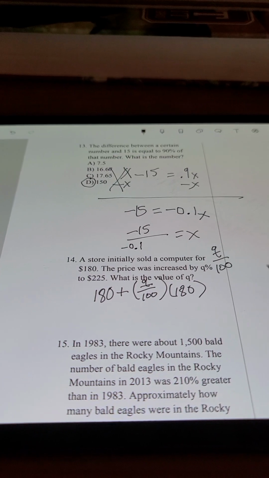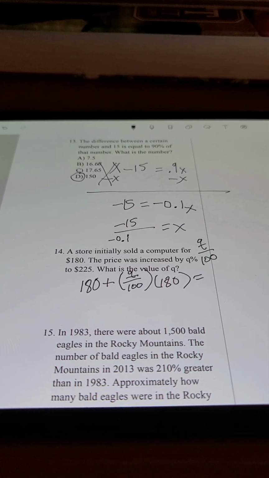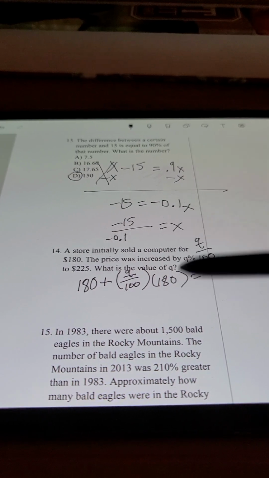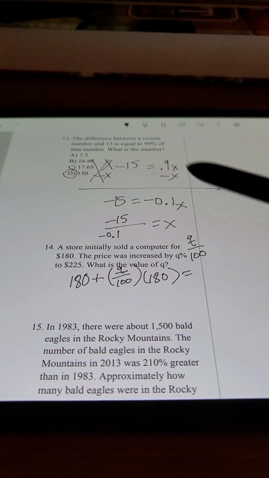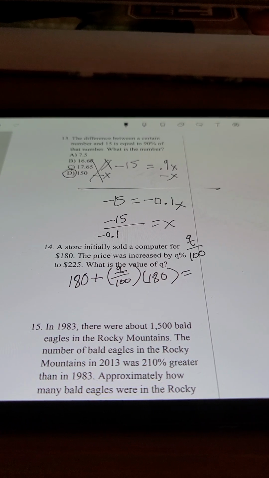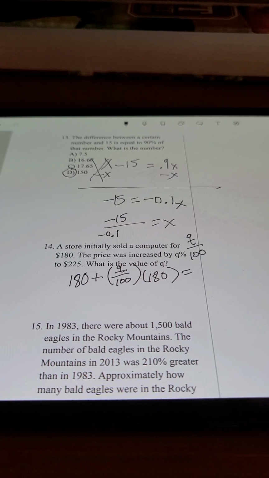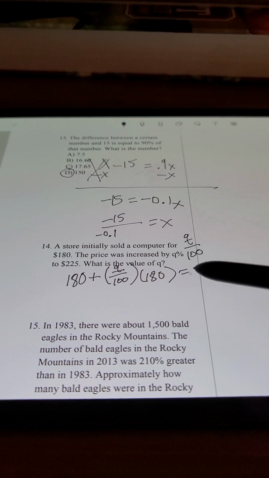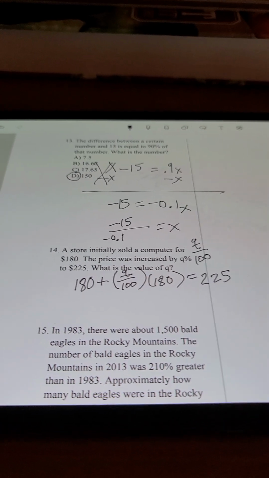So that's what we're going to do. Basically, to find percent of a number, you can multiply by the fraction version of that percent or the decimal version of that percent. Same deal. And when we add that on, we're going to get 225.